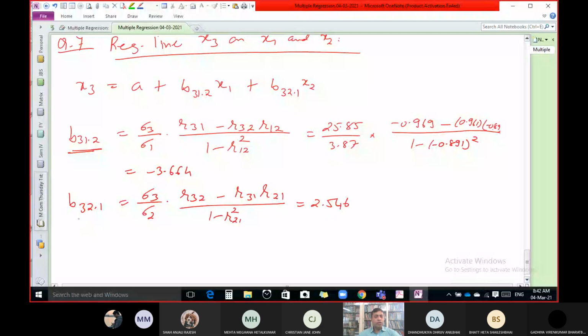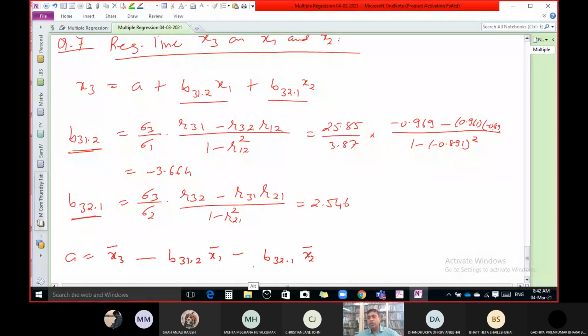And once we have the values of B31.2 and B32.1, you can calculate A. Simply take these two values to the other side. So we get x3 minus B31.2 x1 minus B32.1 x2, but you have to write the average values here. These two values are known, as well as x1 bar, x2 bar and x3 bar are also given.